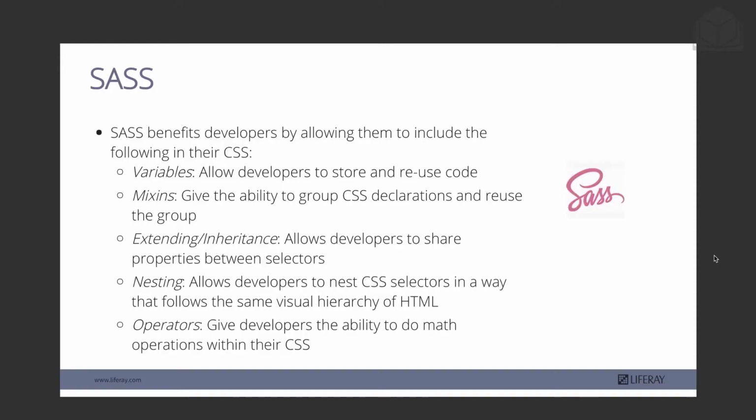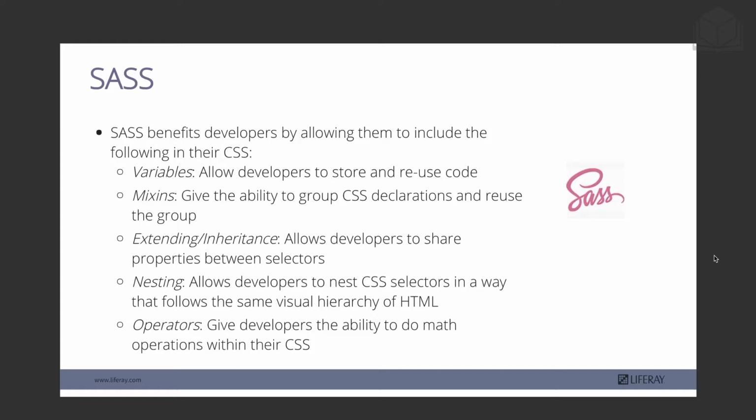And SCSS adds a preprocessor that will compile all of that for us so that we can write and read it very easily without having to worry about whether or not it's going to work in any given browser, okay?